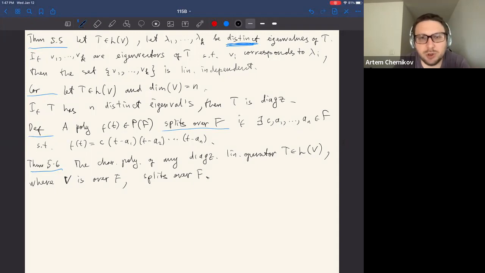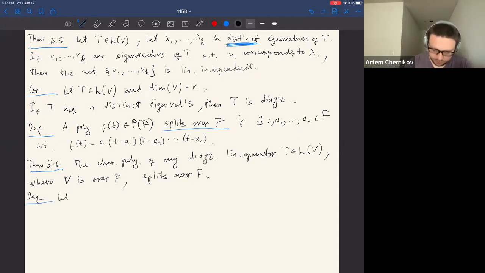And I'm not saying it's if and only if. This is only an implication. So if a linear operator is diagonalizable, then its characteristic polynomial splits. And in light of this, we can also make the following definition.